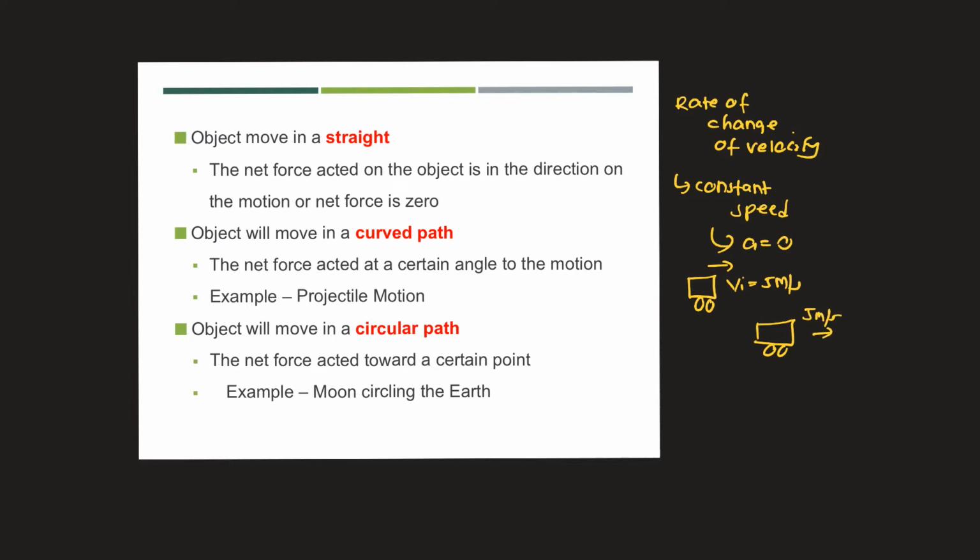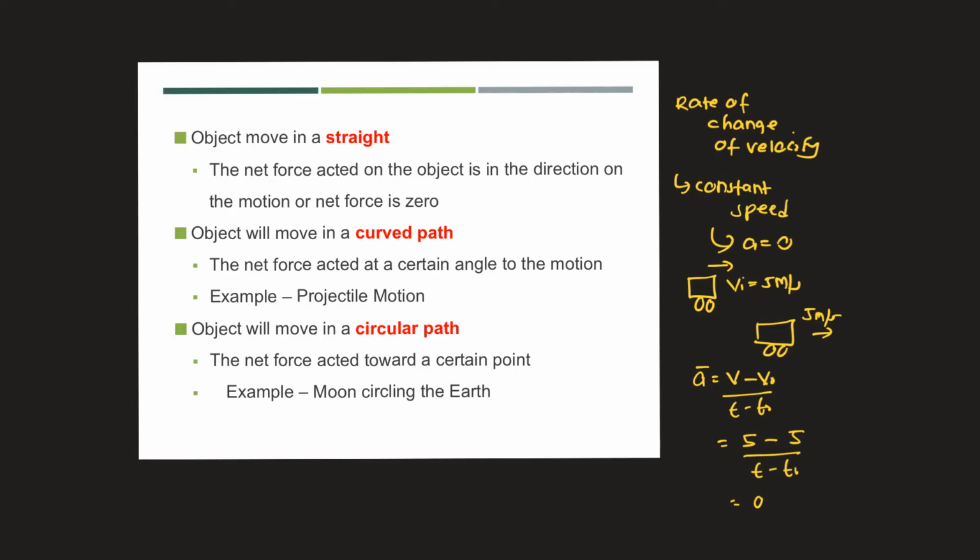When we put it inside the formula, we know that the formula for average acceleration is v final minus v initial over t final minus t initial. So v final is going to be 5 meters per second to the right, minus 5 meters per second also to the right, so you are going to get 0. But this is in the same direction.